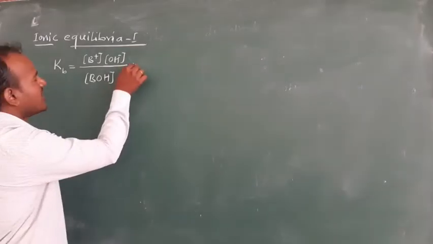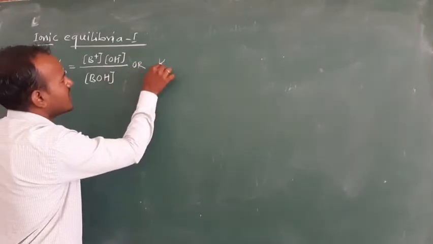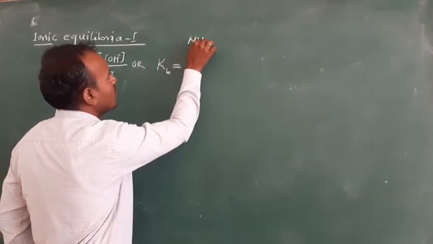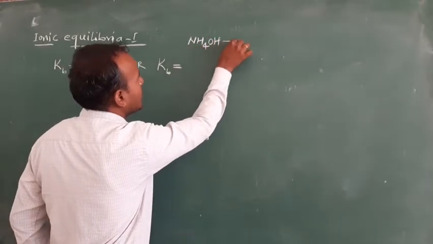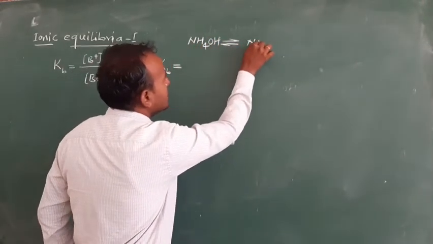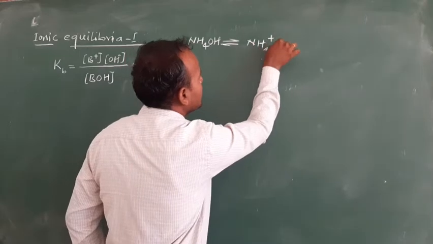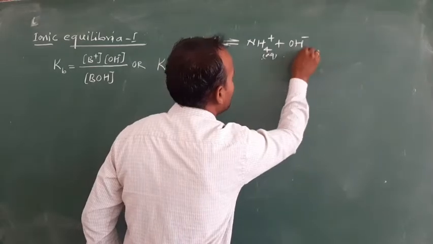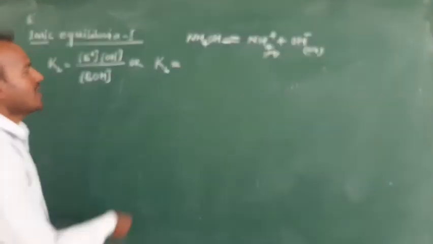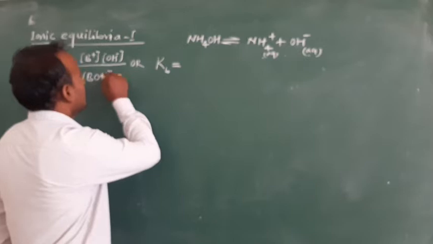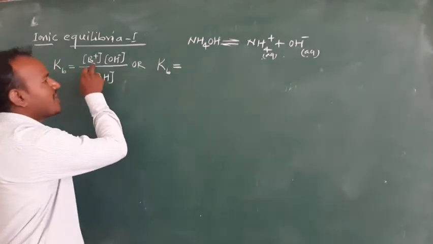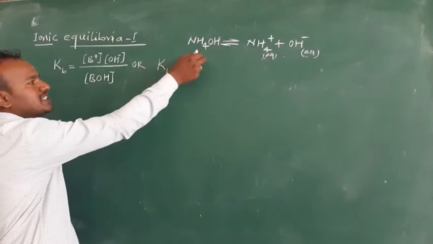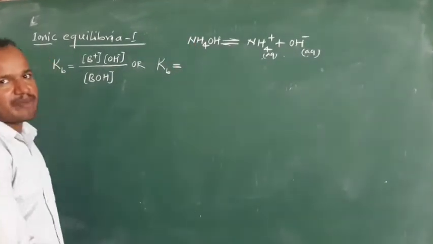We have also derived one more expression. Kb is equal to, for a weak base like NH4OH, for the dissociation of NH4OH into NH4 plus and OH minus, in terms of aqueous species. Here B plus means NH4 plus, OH minus as it is, and BOH means undissociated ammonium hydroxide.